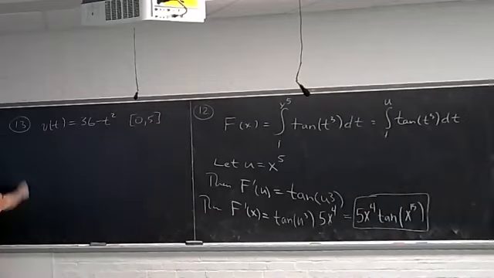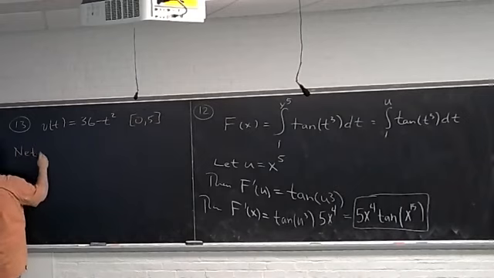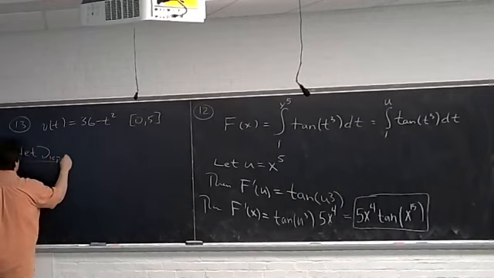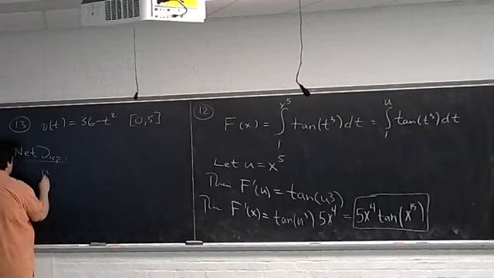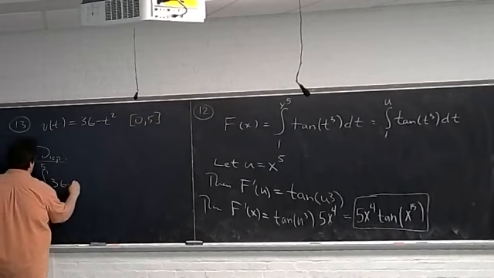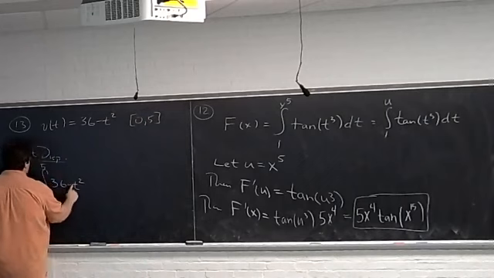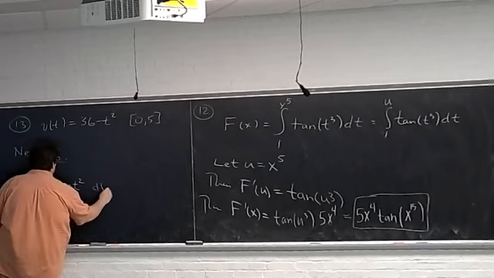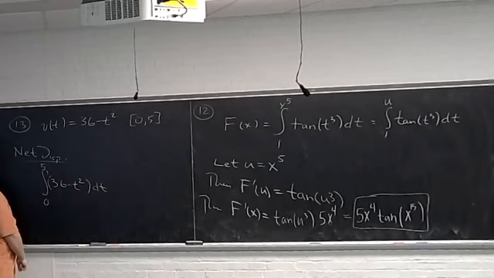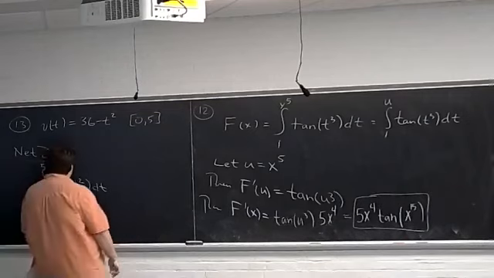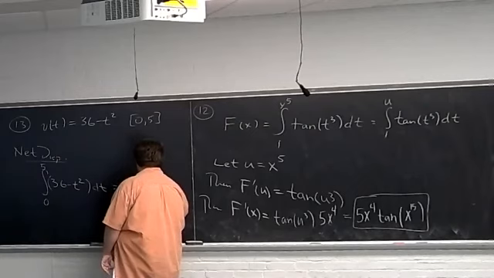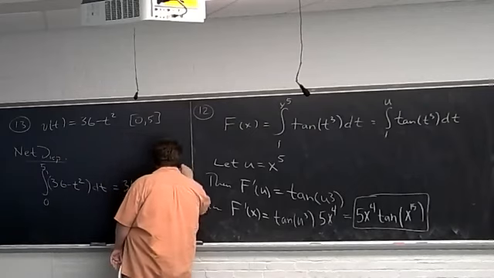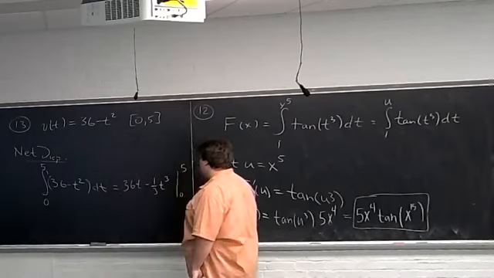Well, the net displacement is given by what? Well, the integral from 0 to 5. They should have made it like 0 to 2, so the numbers are a little easier. That's okay. Integral from 0 to 5 is what? Well, 36t minus one third t cubed from 0 to 5.